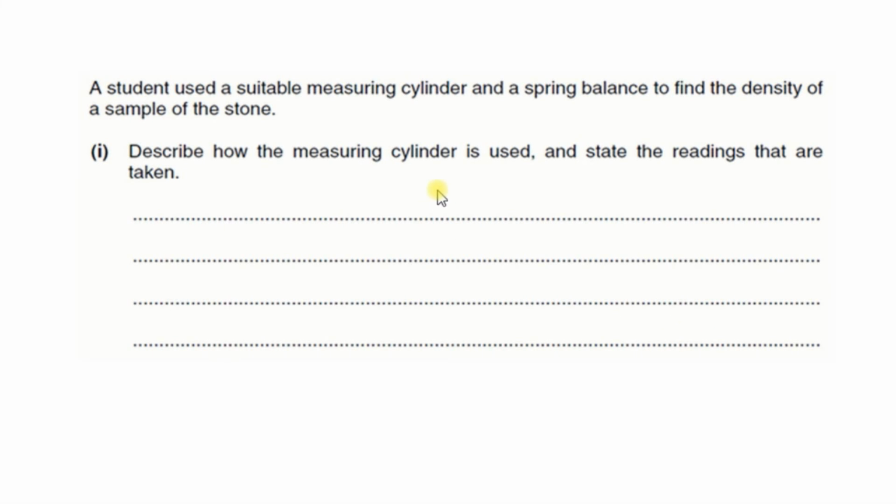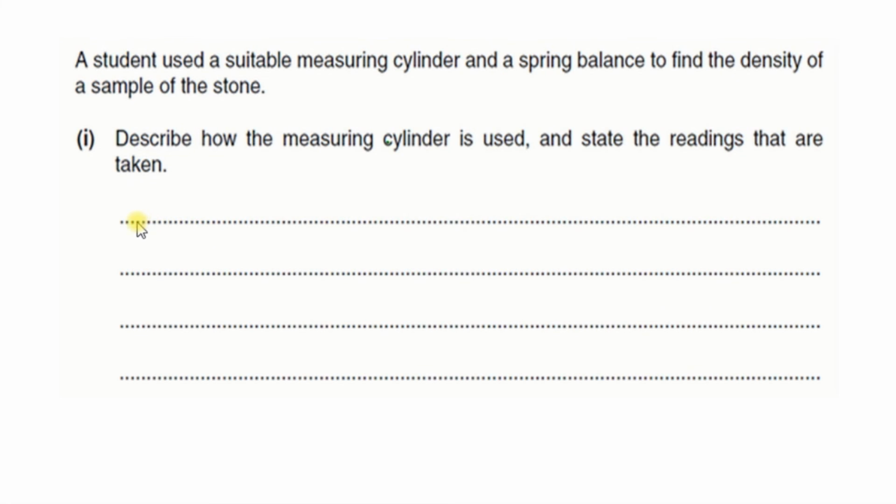A student used a suitable measuring cylinder and a spring balance to find the density of a sample of stone. Describe how the measuring cylinder is used and state the readings that are taken. So first we need to add some water and record the reading.